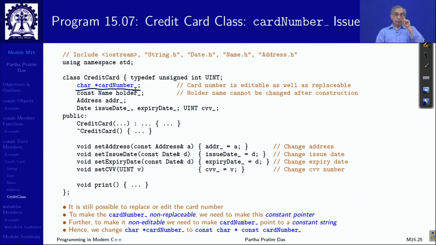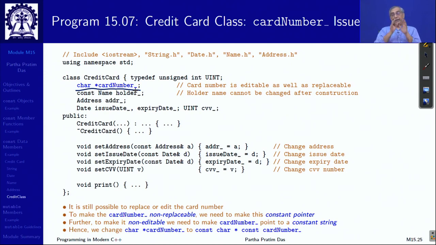One is I want to make the card number non-replaceable. That is, I should not be able to change that card number and put a different card number. What does that mean? This is a pointer. So, I need it to be a constant pointer, because then I will not be able to change that card number to something else. You have already understood that.